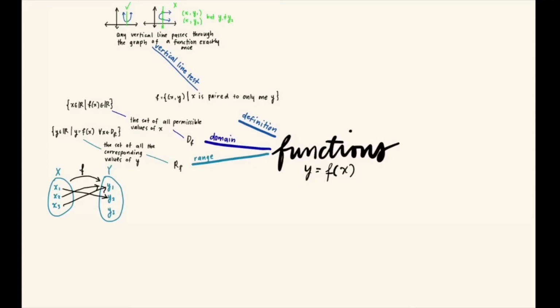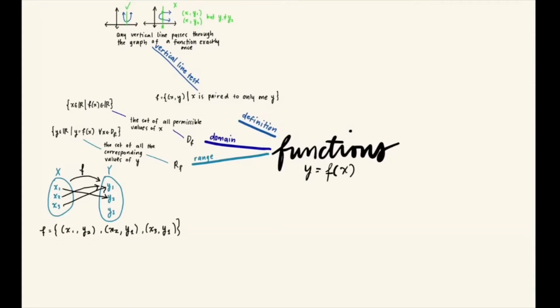Similarly, x2 is paired to y1. In ordered pairs, f is represented by (x1, y2), (x2, y1), and (x3, y1).